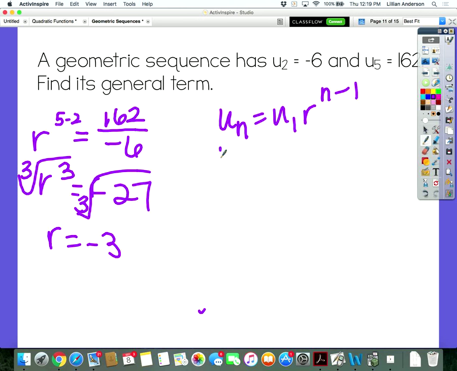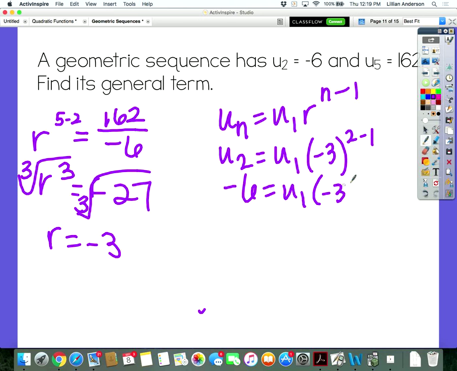So, you'll have u sub 2 equals u1 times our ratio, which is negative 3, and we're going to plug in 2 for n. Now, we already know that u sub 2 is negative 6, so we plug that in as well. And what's 2 minus 1? Just 1. Anything raised to the first power is just itself, so that really is just negative 3.